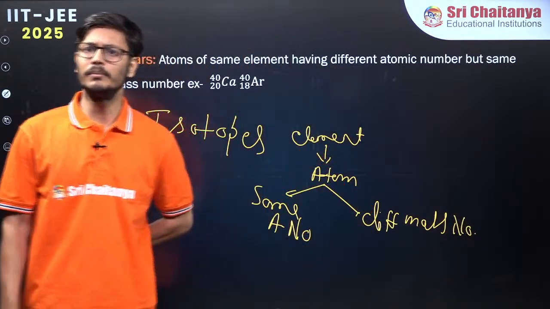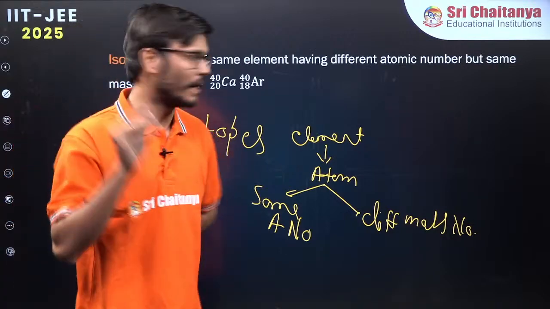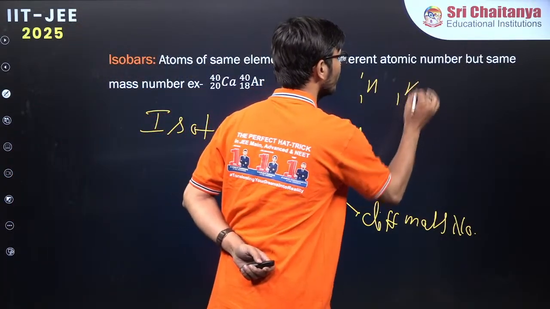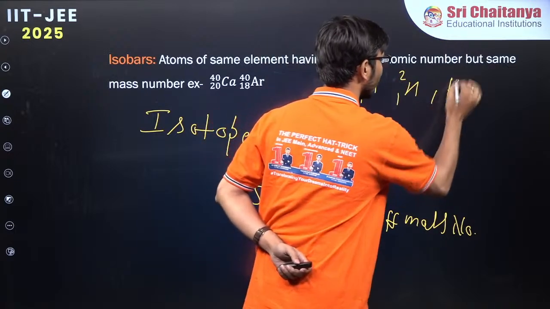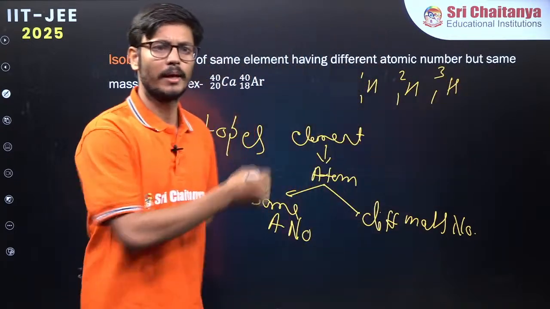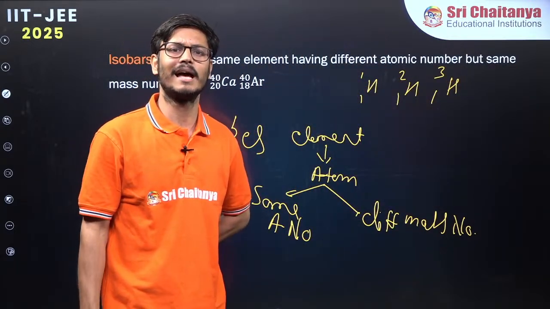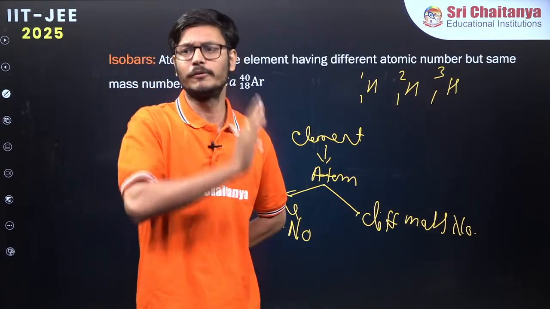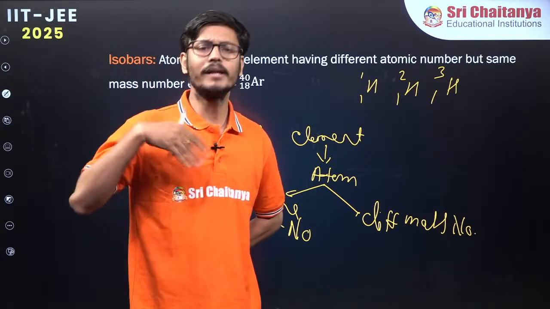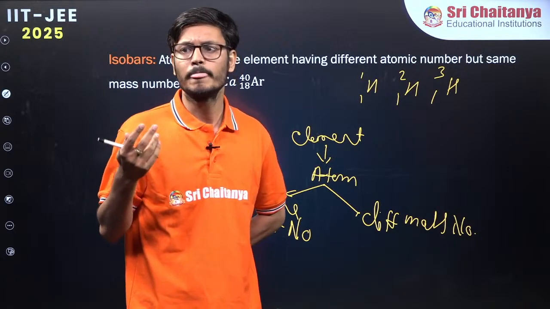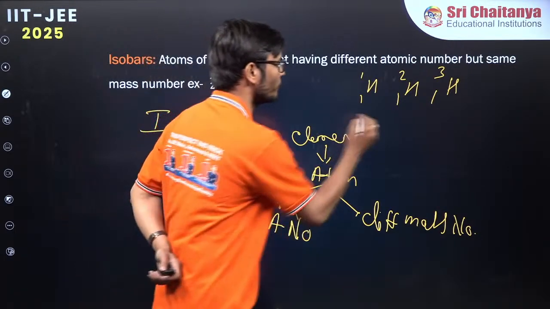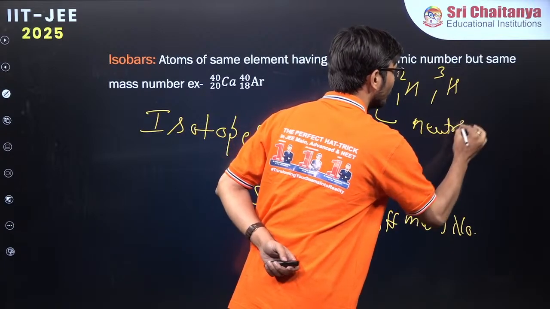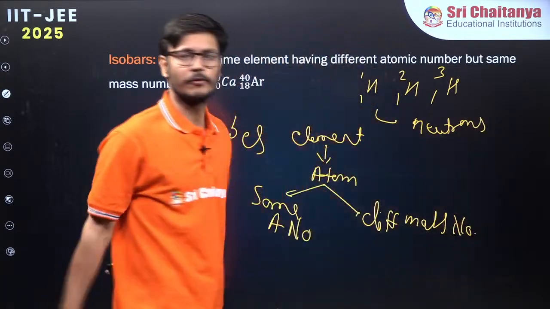We took one example of hydrogen, which is known as protium, deuterium and tritium. And what we learnt is what differs in isotope: the number of neutrons actually differ in isotope.